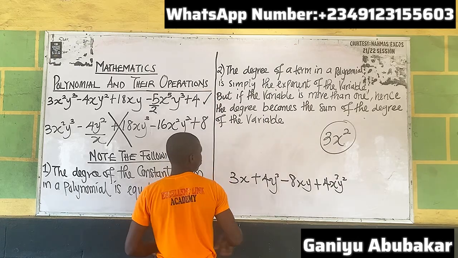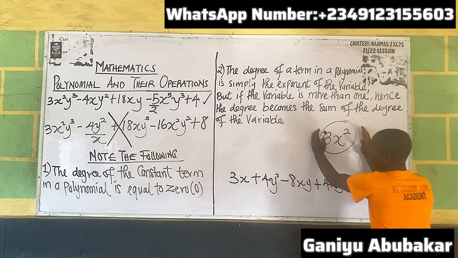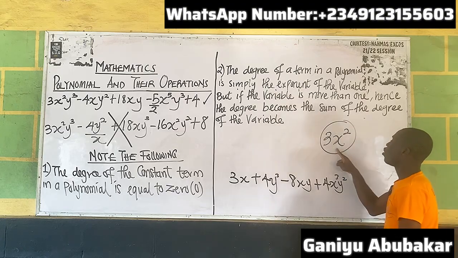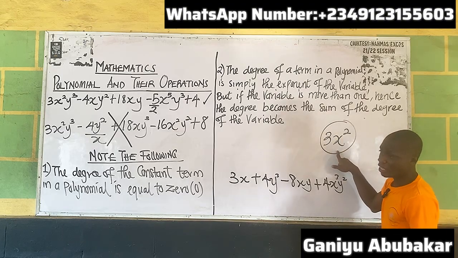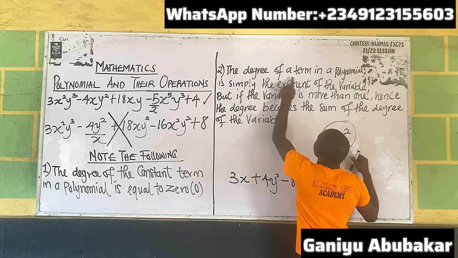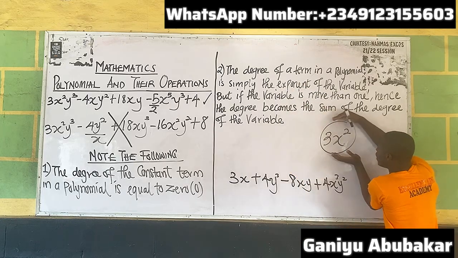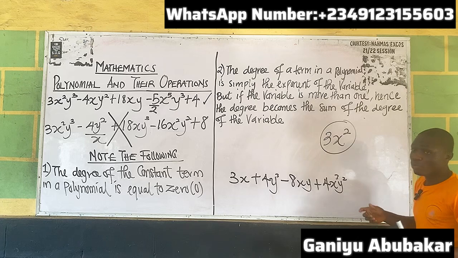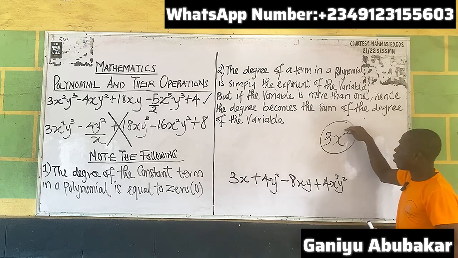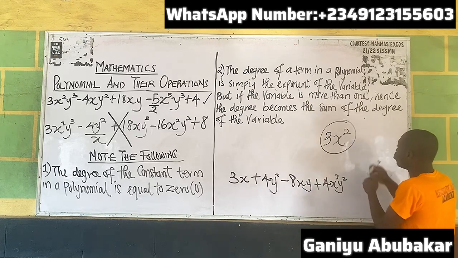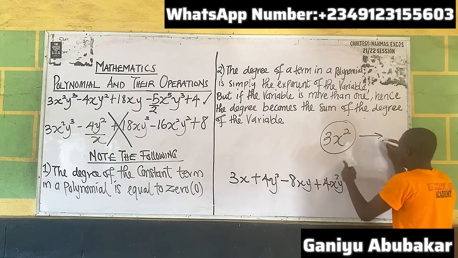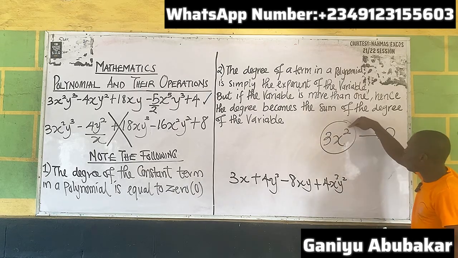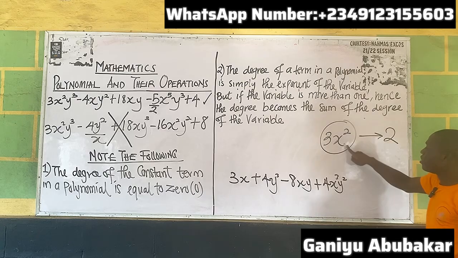So if I should bring out a term, I'm having a term this way. If I'm asking you, please, what is the degree of this term in a polynomial? You said the degree of a term in a polynomial is simply the exponent of the variable. What's the variable here? X squared. What's the power? What's the exponent here? 2. So the degree of this term is 2. Why is it 2? Because 2 is the power or the index or the exponent of this variable.